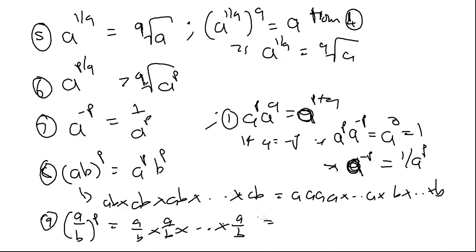So then you can just group all the a terms together and you're just going to get a to the power of p, because there are p a's you're multiplying together, and then divide by the p b's which are multiplied together, so that's just going to be b to the power of p.